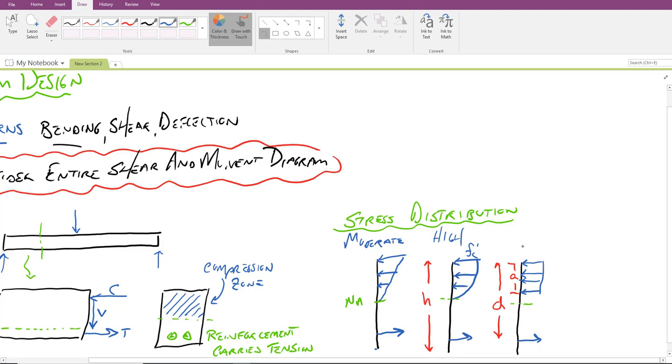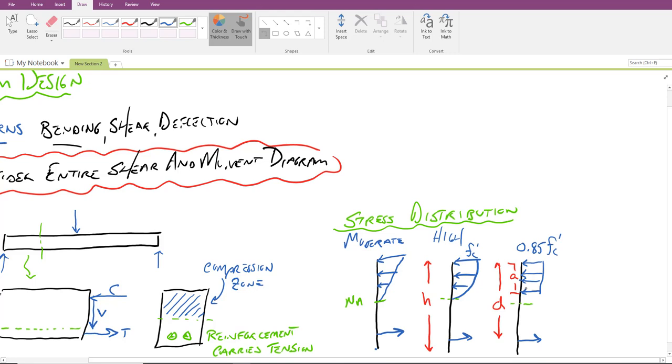The phi value for reinforced concrete is 0.85. And so we're going to multiply it by a factor of 0.85, reduce it by 15%. And so that becomes the magnitude of that compression block.